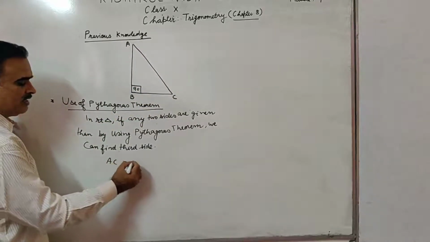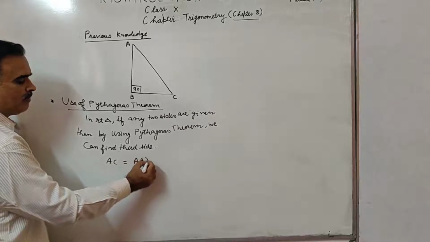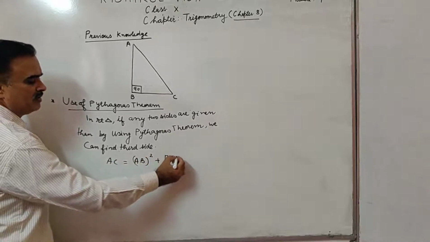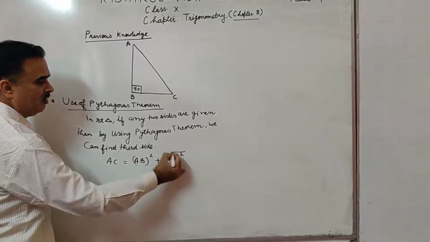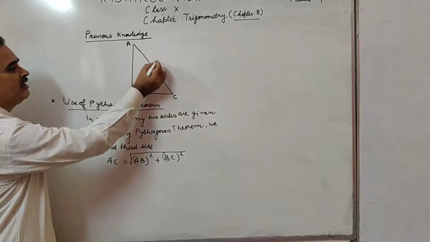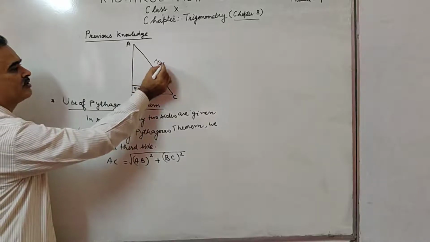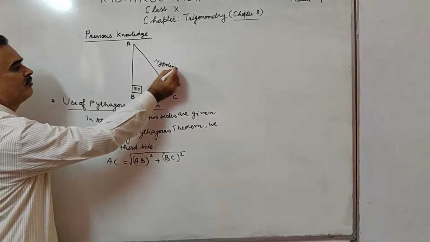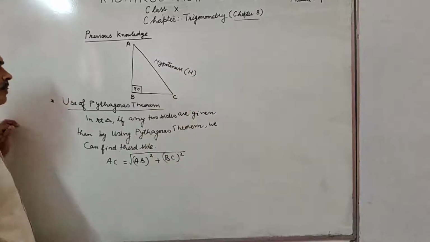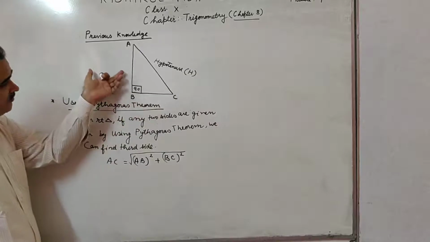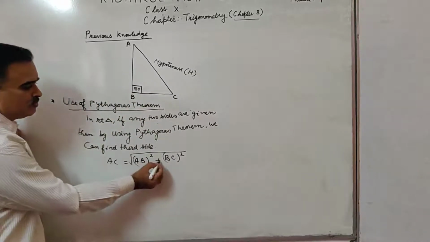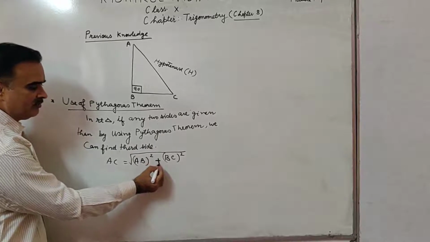AC equal to the square root of AB square plus BC square. You all know this side opposite to 90 degree is known as hypotenuse, H, the longest side. If two sides have been given to us, then we use this plus sign, my child.